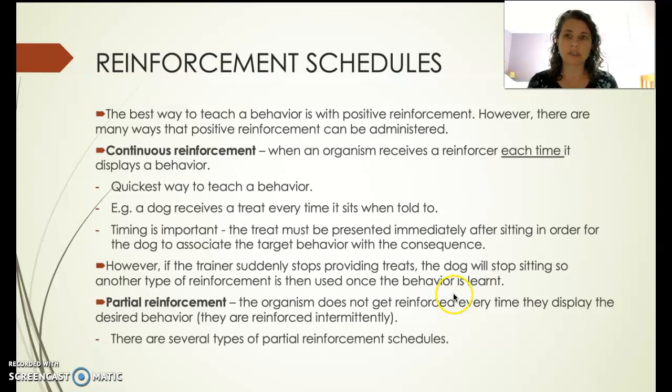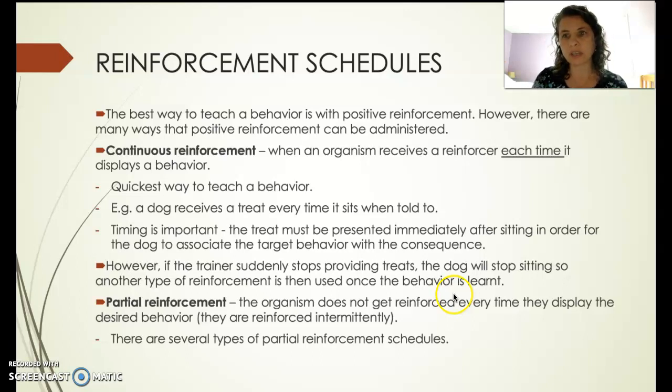They get reinforced every time they exhibit the behavior. But it may not be practical to give them a treat every single time. And so you can also implement a partial reinforcement schedule, usually once the behavior is established. That would be they don't get reinforced every time, but they get reinforced intermittently, sometimes.